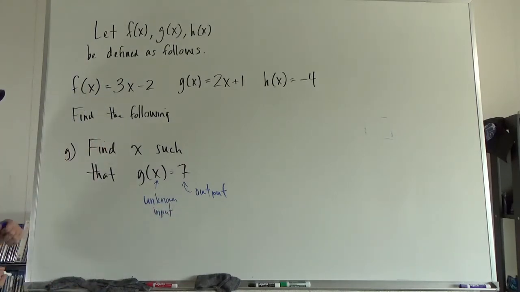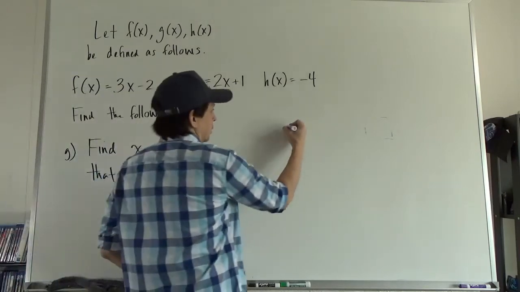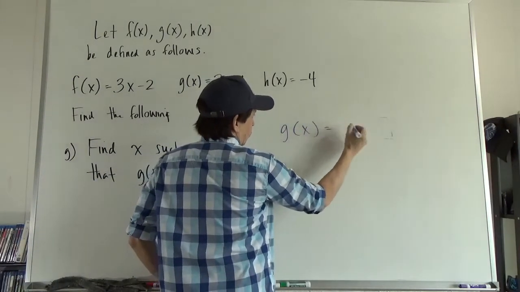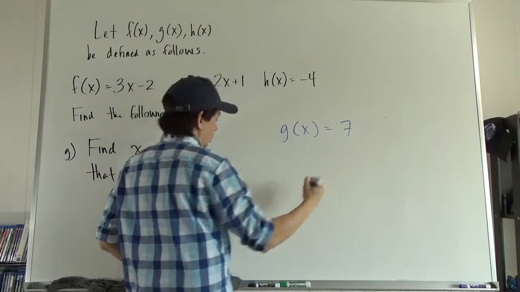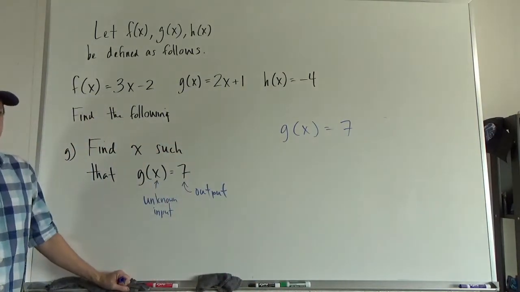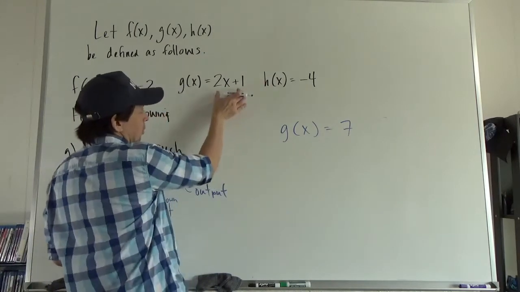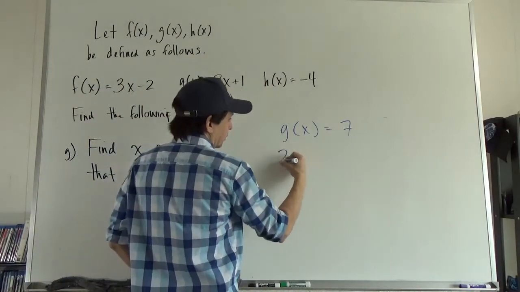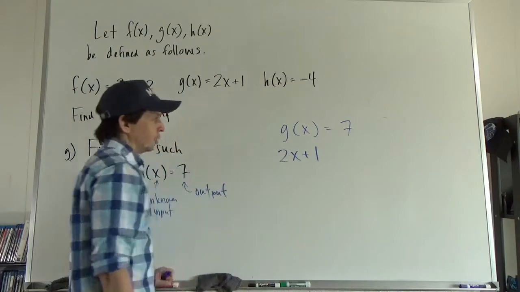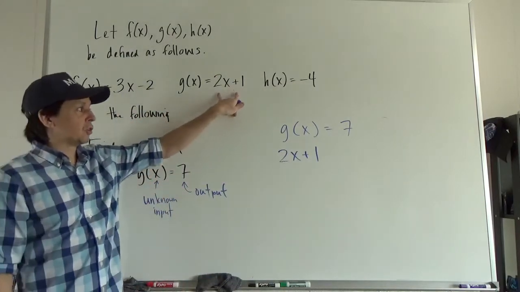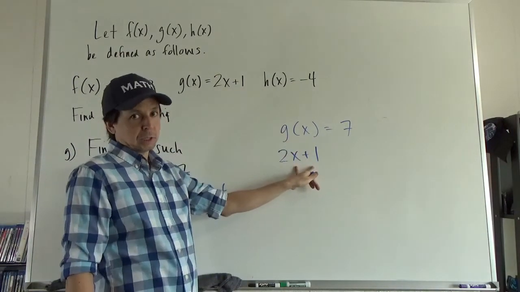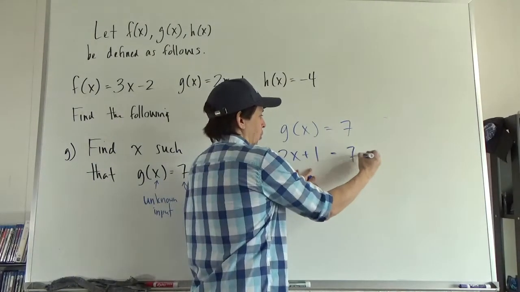I'm going to do my work over there. For now, I'm going to copy down what they just told me. I want g of x to equal 7. And g of x is equal to 2x plus 1. So whatever x is, g of x would be 2x plus 1. So I'm going to use the function definition of g of x, replace it on the left side, and I know I want it to equal 7.